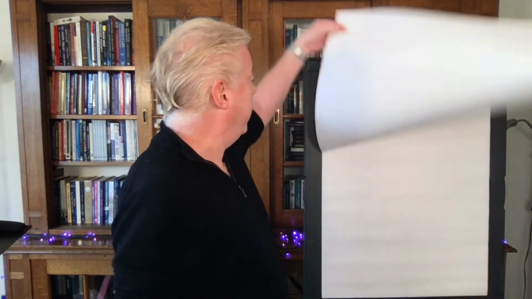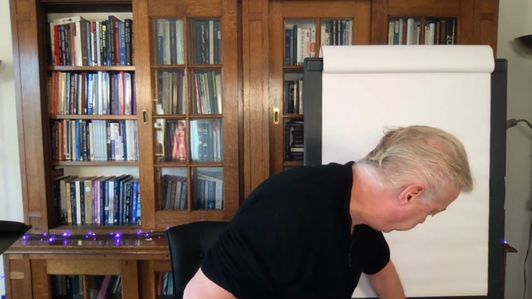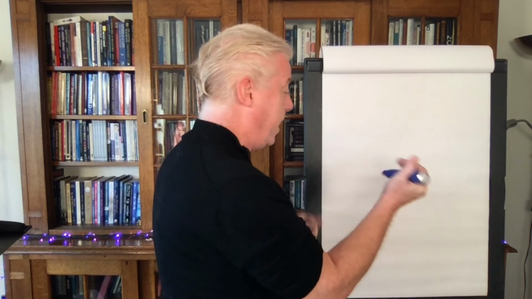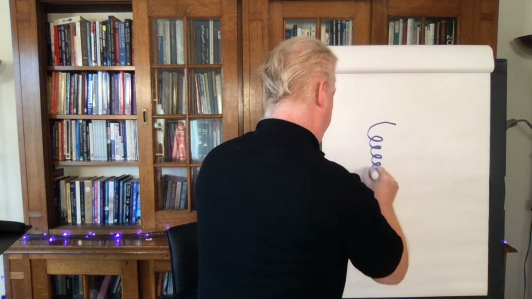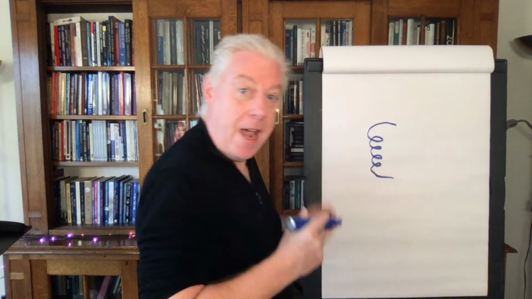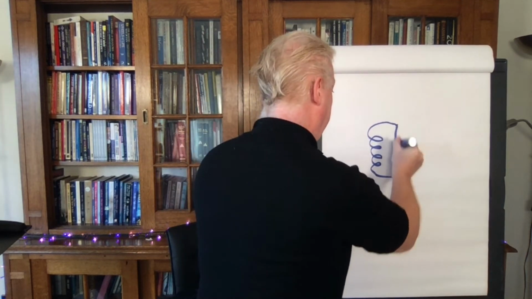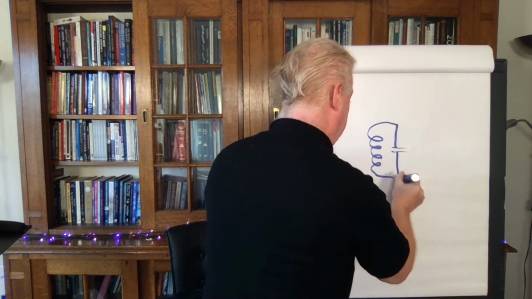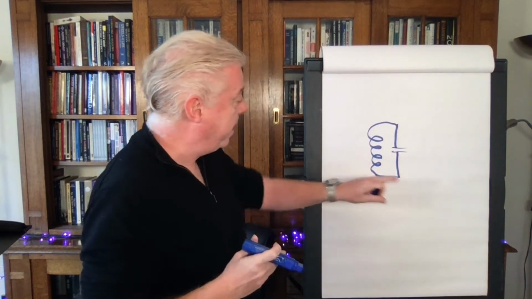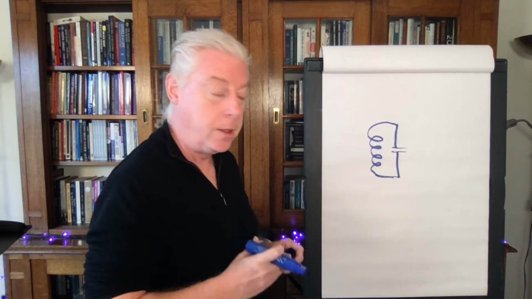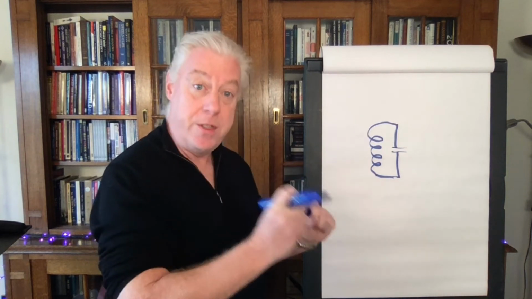But what we can now start to move towards is if we take a coil like that, and then we put in what's called parallel with that coil a capacitor or what's called a condenser, then this is a tuned circuit. And it will resonate at a specific frequency.